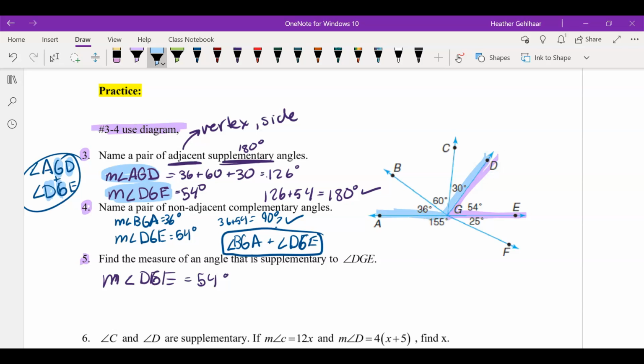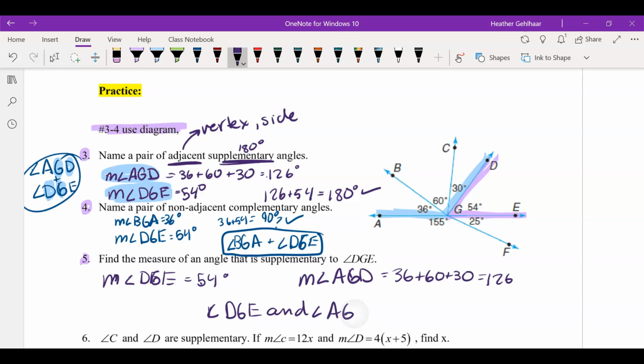So I'm actually going to use this one again, even though we used it in number 3, because we know the measure of angle AGD is equal to 36 plus 60 plus 30, which will be equal to 126. So when we add these two angles together, they would be supplementary. So I'm going to have here angle DGE and angle AGD.